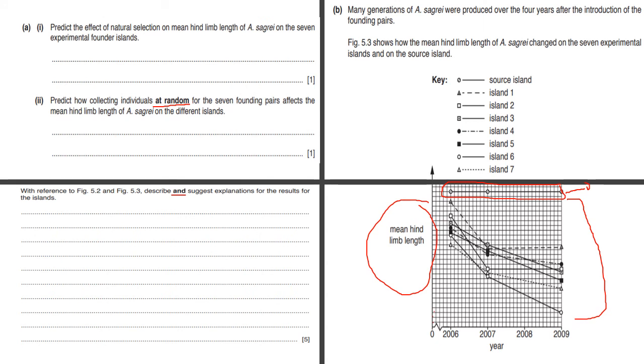As a result, over time, you will only find lizards with shorter limb lengths on that island. I hope that was clear, but those are some of the ways you can answer this question. And whenever it says with reference to figure 5.2 and 5.3, always make sure to stay within the references. Don't go looking for information where you're not asked to look for it.